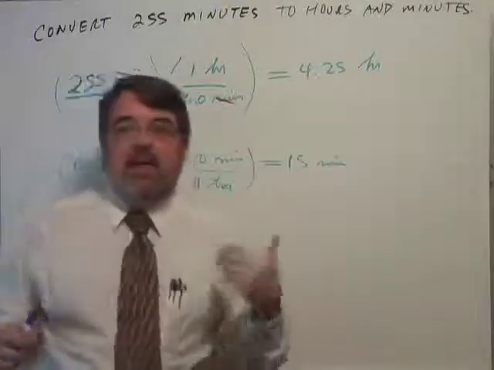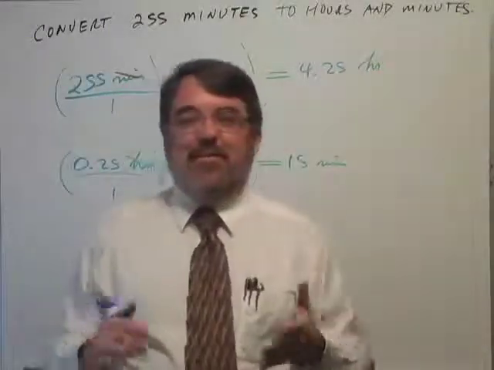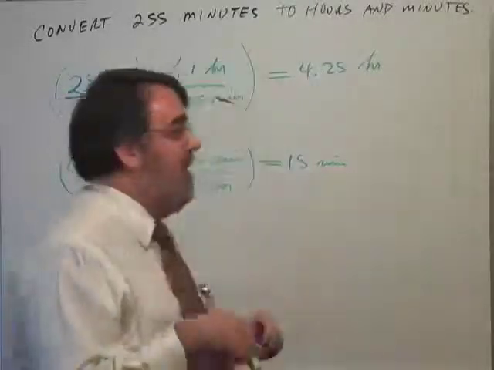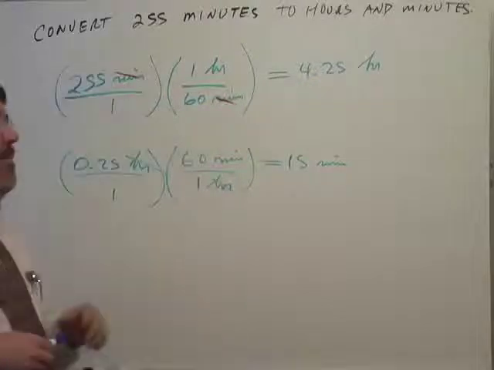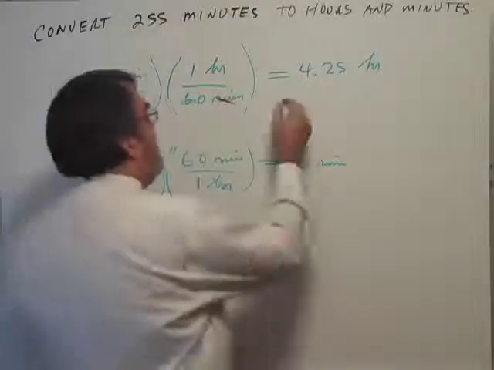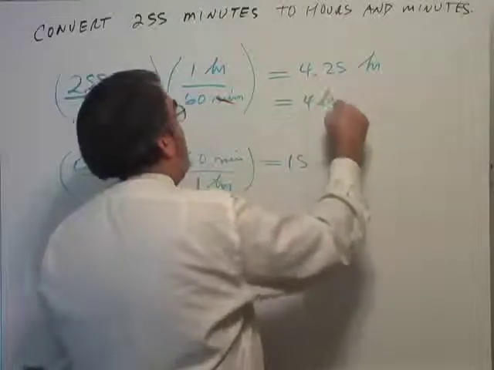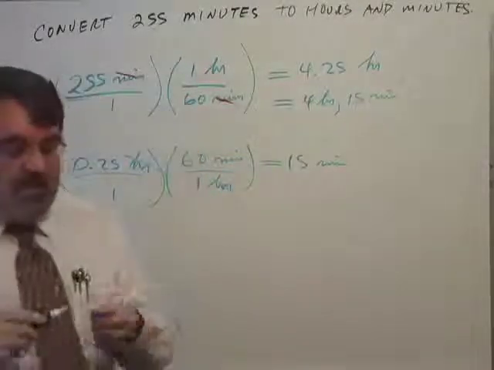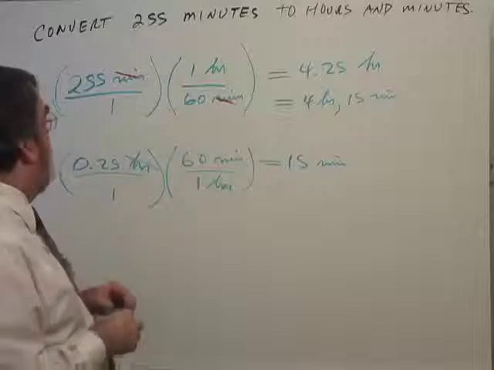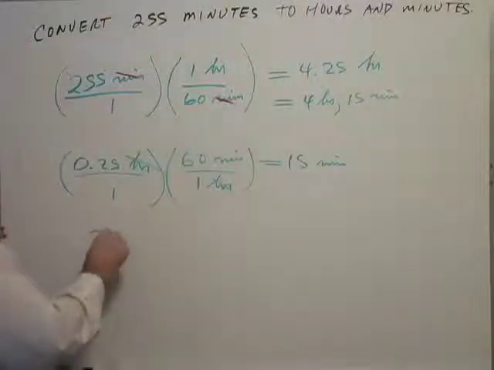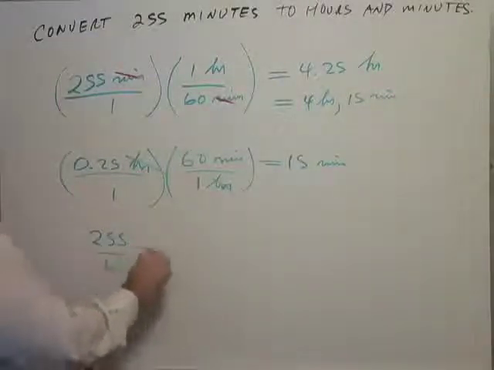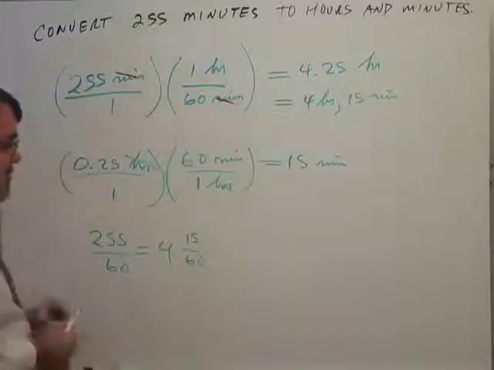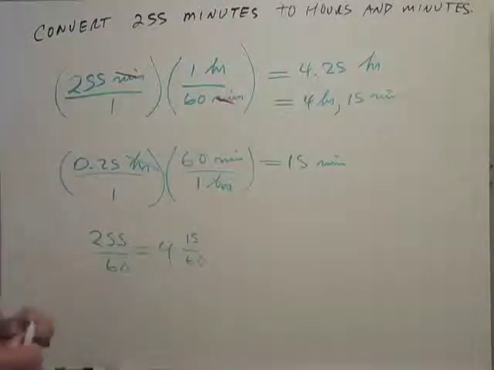The decimal on hours does not translate exactly as it says into minutes. Not the same thing. You have to convert the decimal to minutes. So this is 4 hours and 15 minutes. Now, personally, I would look at 255 over 60 as 4 and 15 sixtieths, which is 4 hours and 15 minutes.